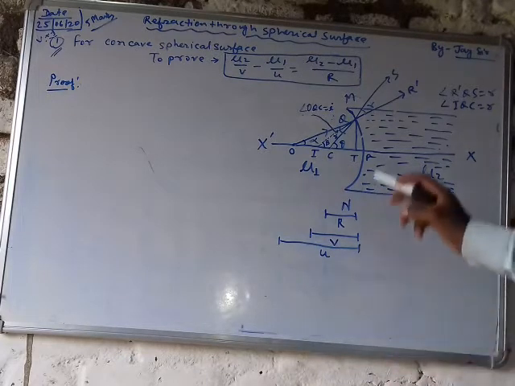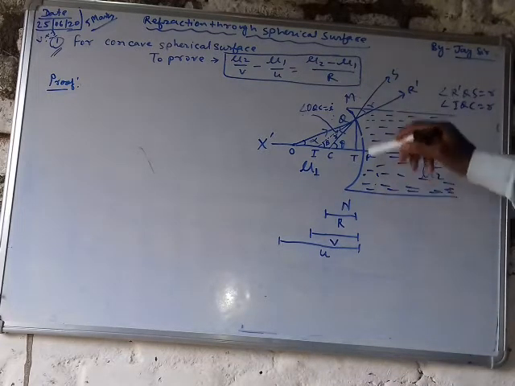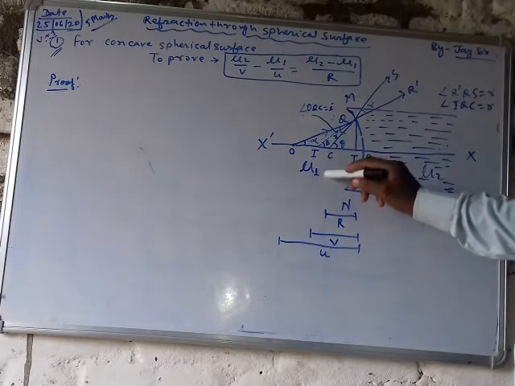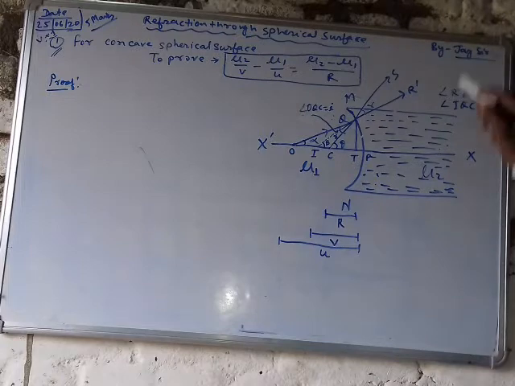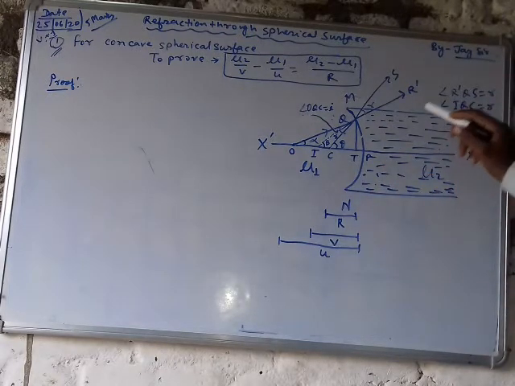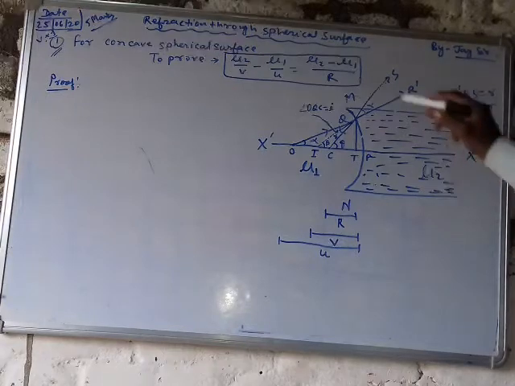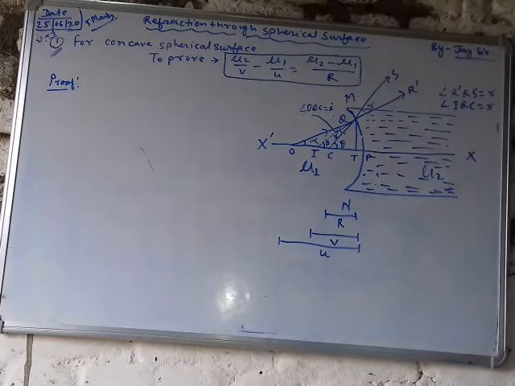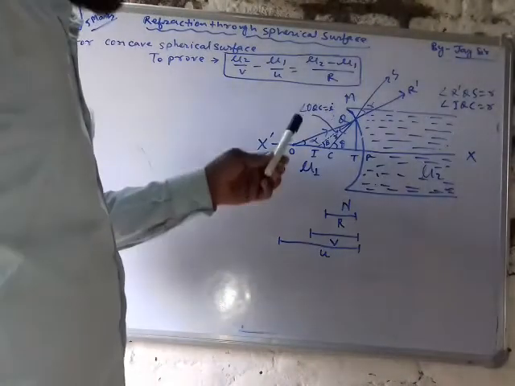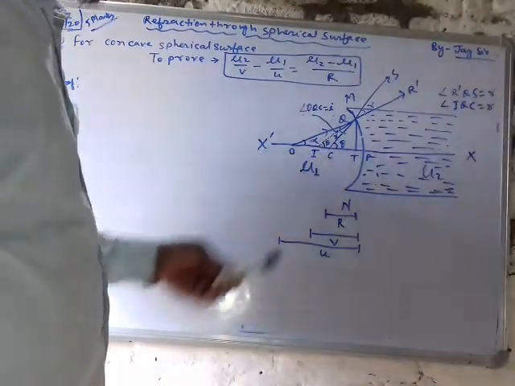This spherical surface is placed in a medium of refractive index mu 1, and the refractive index of the material of the concave spherical surface is mu 2.